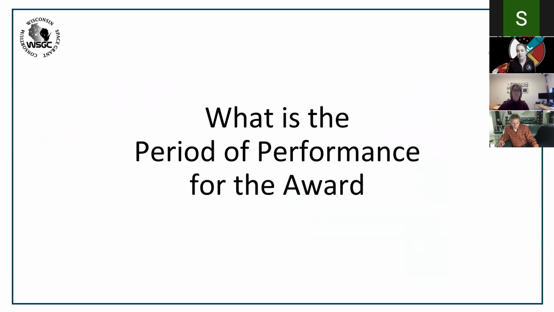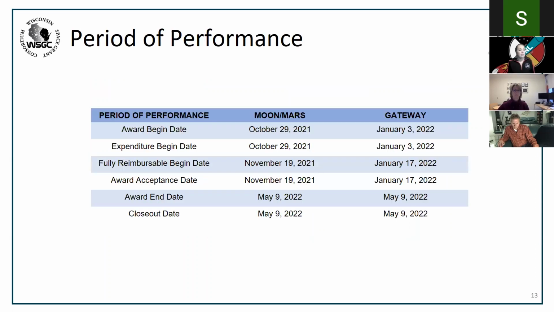So what is the period of performance for the award? The award begin date for Moon and Mars, which is primarily what we're all kind of talking about, is October 29th, 2021.